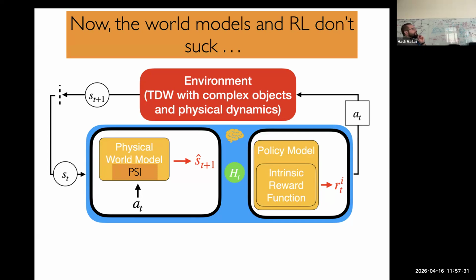What we would do was try to use whatever the best world models of the time were to figure out how to make inferences about the intrinsic reward function, that is to say, the artificial curiosity function that would lead to behaviors that are natural, that humans would do, like which things you would find interesting in any given environment. And this really didn't work very well, because the world models and the RL models sucked at the time. Now what I'm saying is that the PSI thing allows you to have a world model that doesn't suck for these purposes.